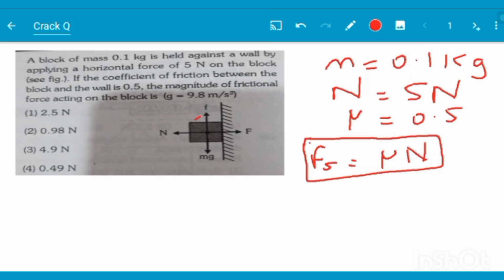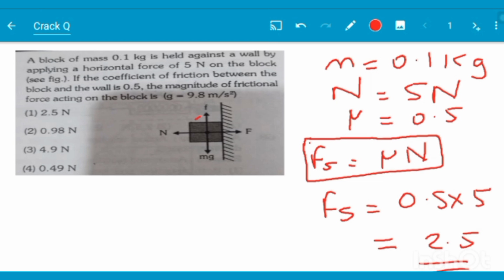Now we have n and mu, so the static frictional force is equal to 0.5 into 5, and that comes to a total of 2.5. There we get the static frictional force as 2.5.